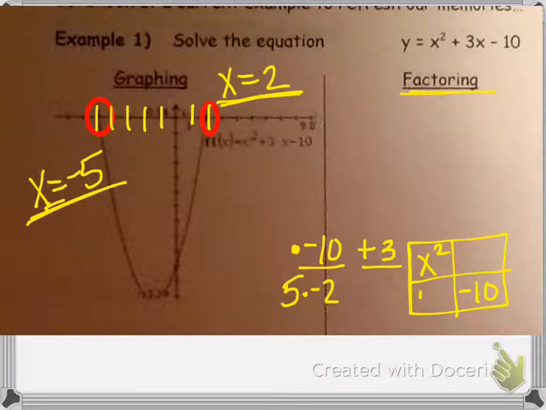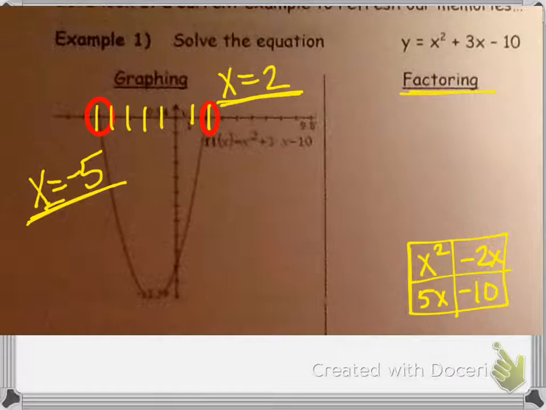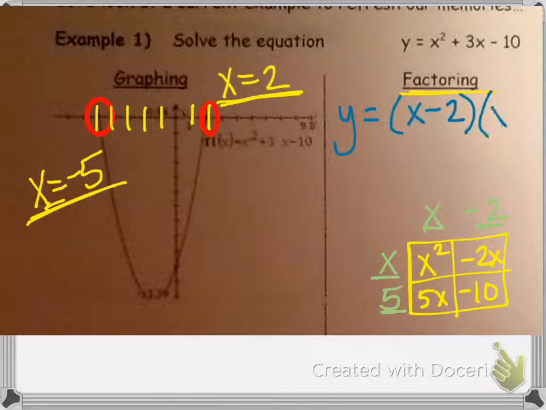So I would have 5x and -2x, and then from there I can factor. Pulling out the common factors, I have the 5 here, x here, and the -2. So the factored form would be y equals x minus 2 and x plus 5.